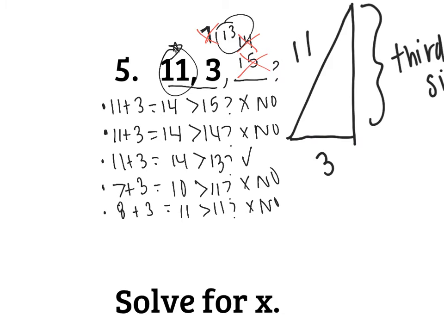So it has to be any number 9, 10, 11, 12, or 13. Because when we did 8 plus 3, that was too small. And then when we do 14 or bigger, it also doesn't work. So we saw both ends.